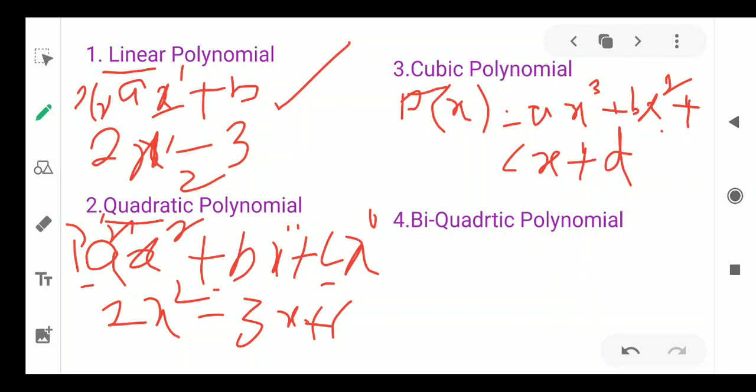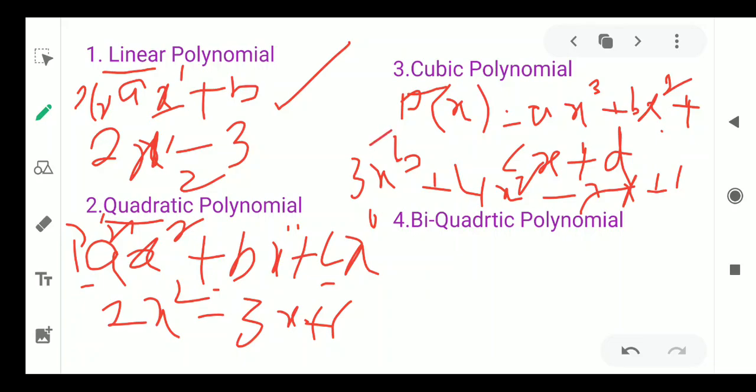Let us see one example: 3x cube plus 4x square minus 2x plus 1. Like this we will take. I hope you understand. Any one you can write.